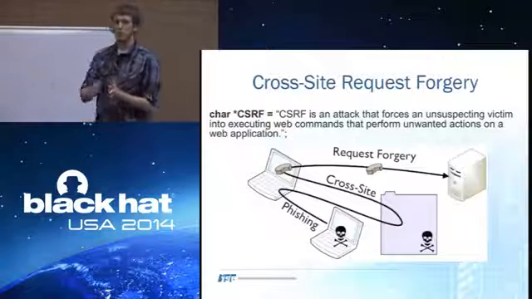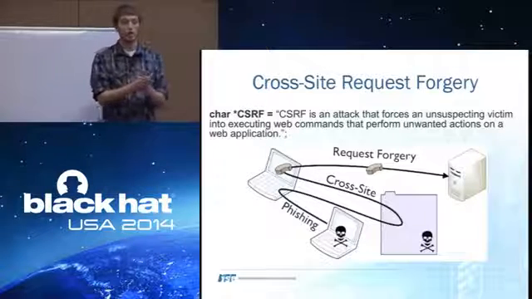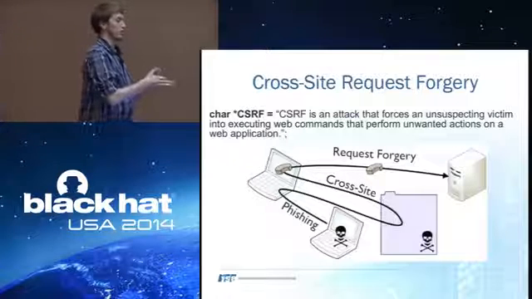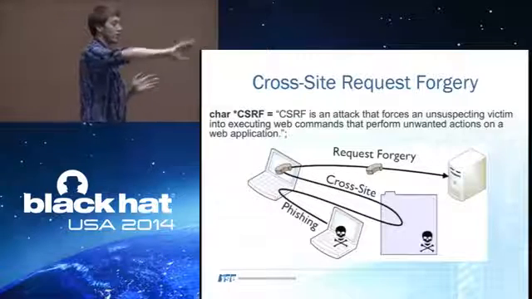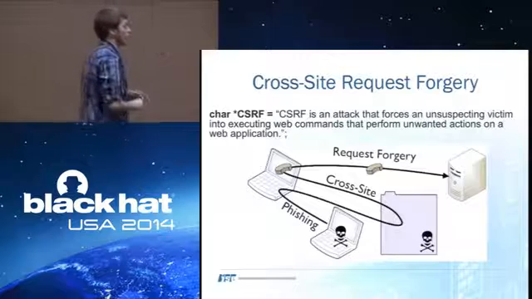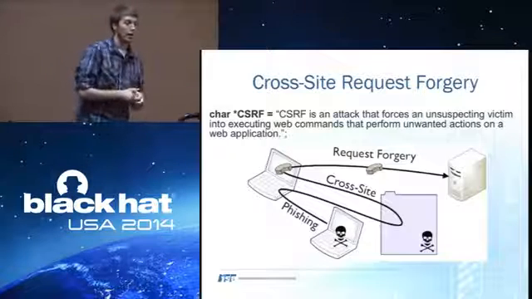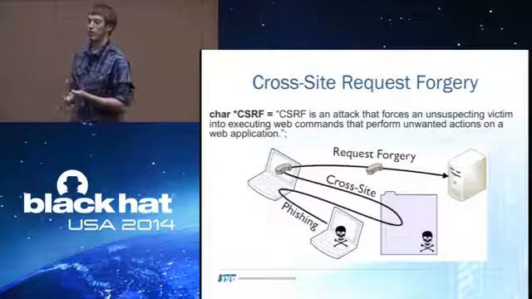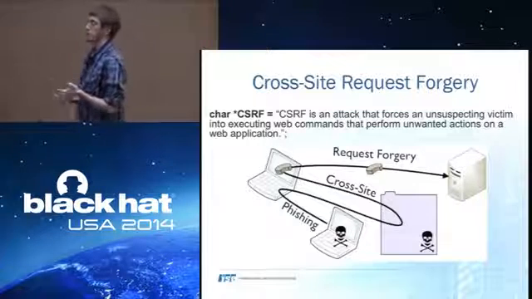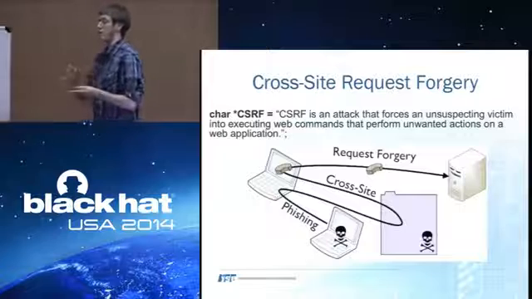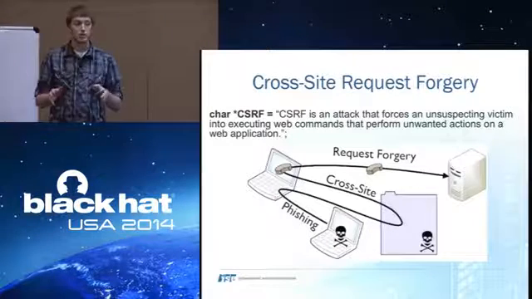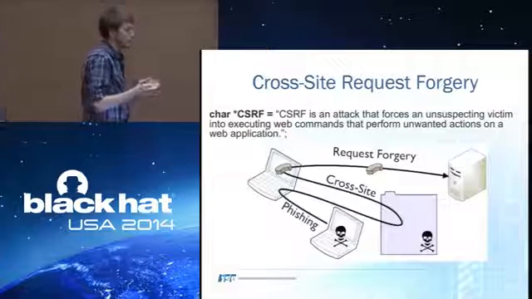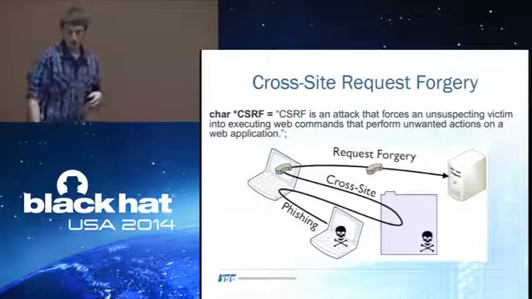Malicious code is then returned to the browser of the victim, and that code is rendered in the browser, and then a request is sent to the web application server. Any authenticated session information, whether it be a cookie or HTTP basic auth, will be forwarded to that server. And if the end user has permission to carry out the request, then it's going to happen, and the attacker wins.